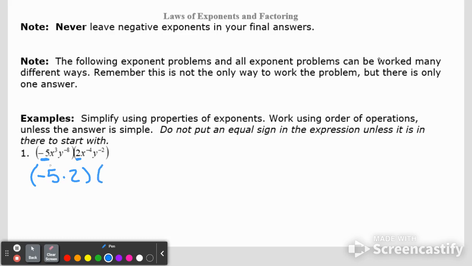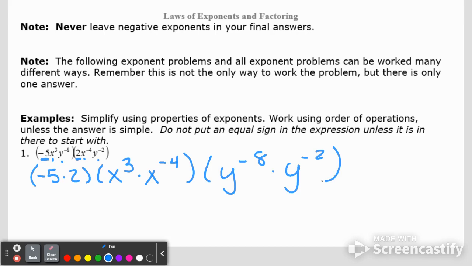Then I'm going to group the x's together. So we have x to the third times x to the -4th power. And then I'm going to group my y's together. So y to the -8 times y to the -2. This helps my eyes see, all right, so I can multiply -5 times 2 and get -10.